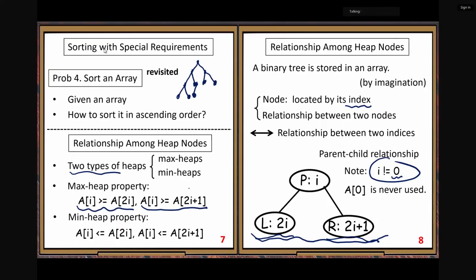We know these two are symmetric, right? You change the direction of your inequalities. So in this class, we only study the max heap. That's enough.